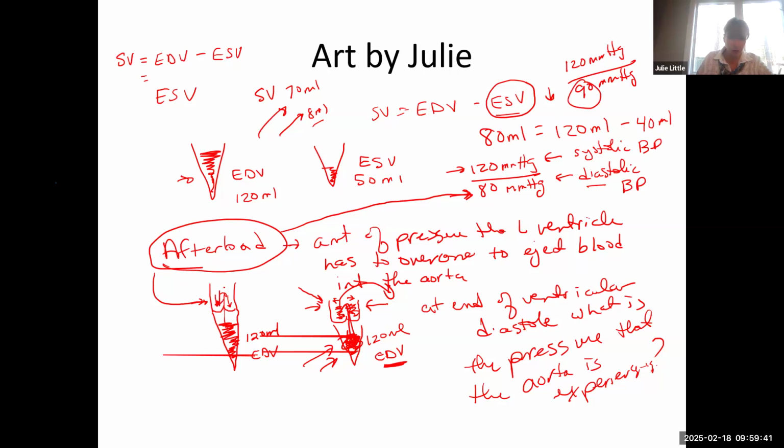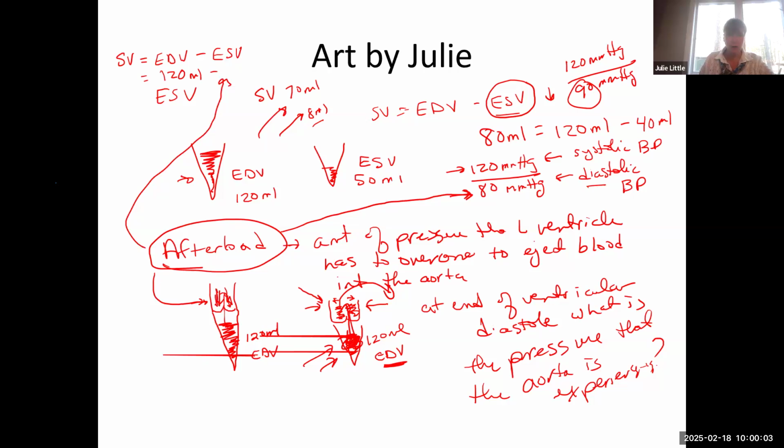So the more pressure we have, if that ventricle contracts and sends blood up, it's not going to get as much blood out into the aorta as it normally would. And so if we keep our end systolic volume like this, afterload is going to affect end systolic volume.